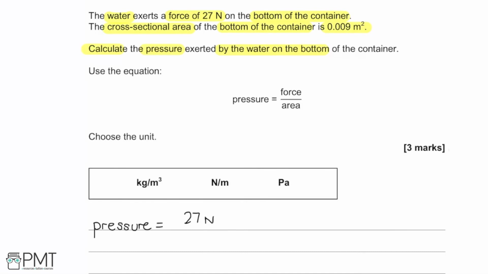Then we're going to divide that by the cross-sectional area, which also needs to be of the bottom of the container because that's where the force is working on. So we have in this line that the cross-sectional area is 0.009 metres squared. I can just substitute that one in as well. Then we can put this into our calculators, and that's going to give us an answer of 3,000. And then if we work with the units, we have newtons divided by metres squared.